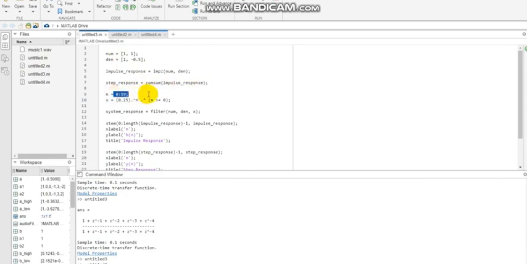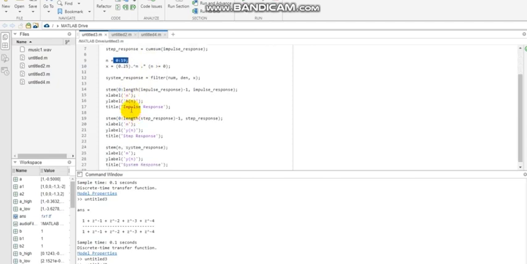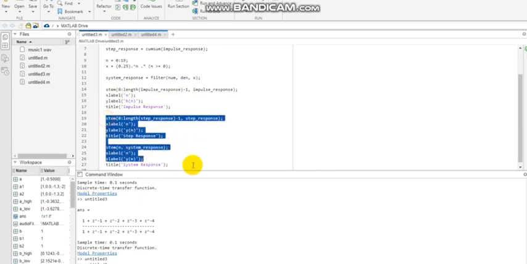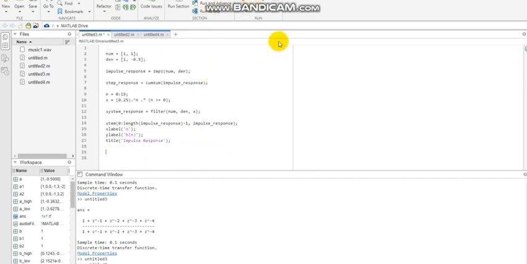We need to find the impulse response, and the value of n is also given. So first we find the impulse response, then later on we will find the step response of the system, and we will check the system response as well.